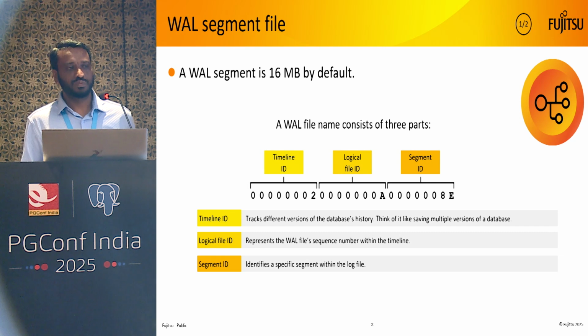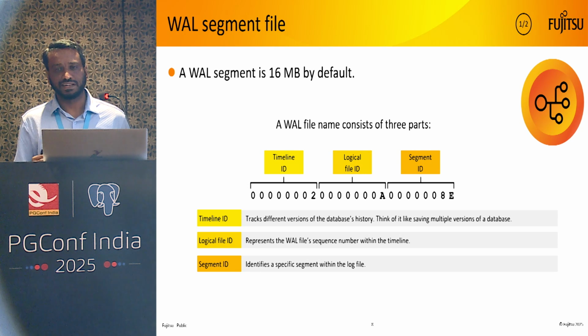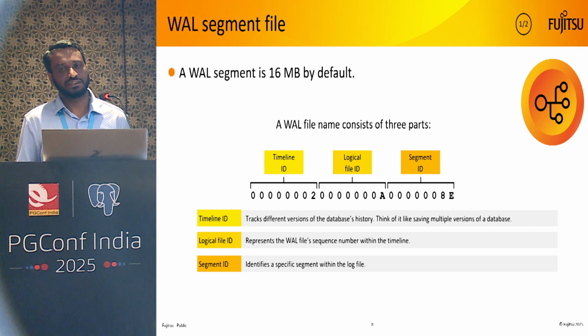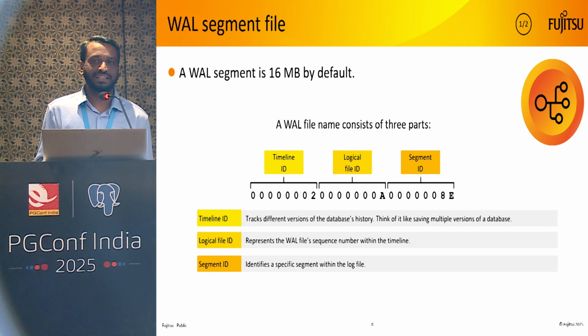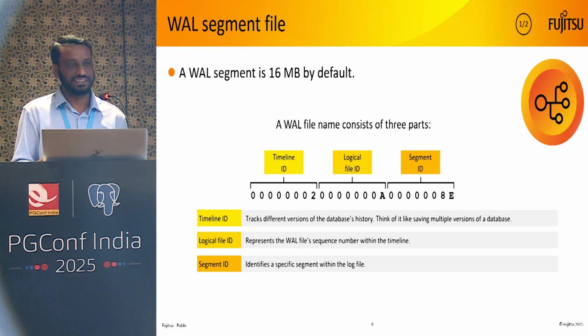Whenever you recover the database, the timeline will increase. Then we have the file ID, which represents the sequence number for a particular timeline. And finally, the last 8 digits represent the segment ID, the segment within one log file. All these are hexadecimal numbers, so you will see characters like A, B, C, D.